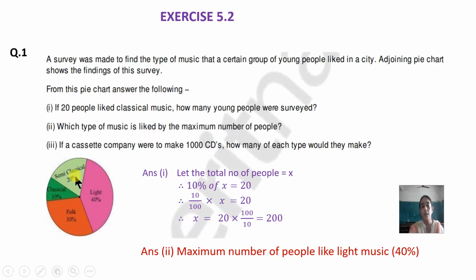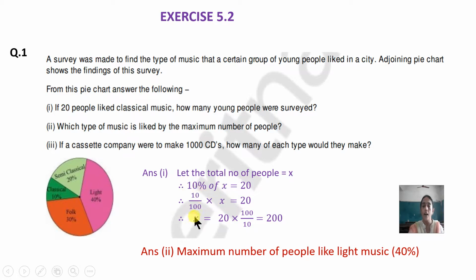That means 10% of x is equal to 20, because 10% of the total is equal to 20. Now we have already studied in lower classes how 10% of x is written.